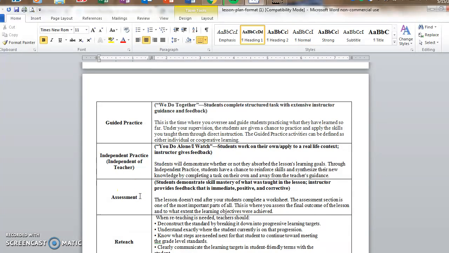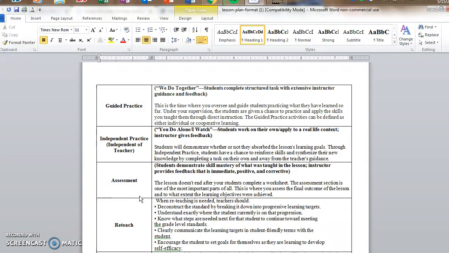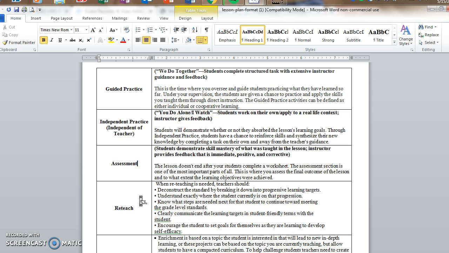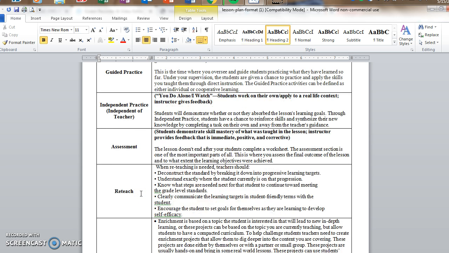Assessment. The lesson doesn't end after your students complete a worksheet. The assessment section is one of the most important parts of all. This is where you assess the final outcome of the lesson and to what extent the learning objectives were achieved. Next, we have reteach.